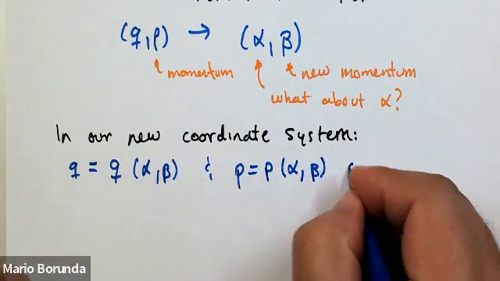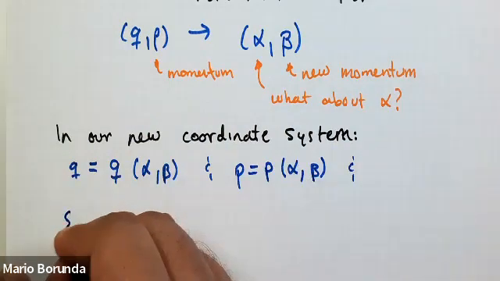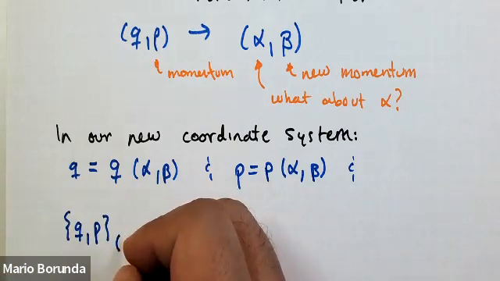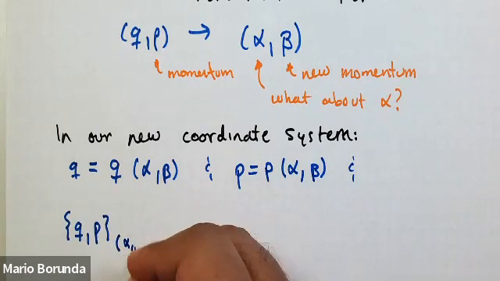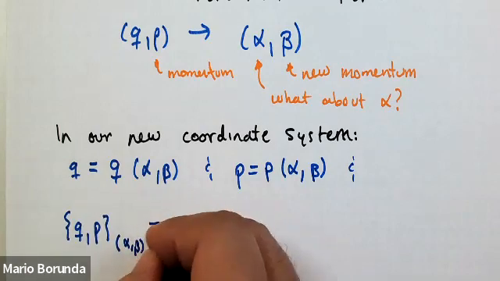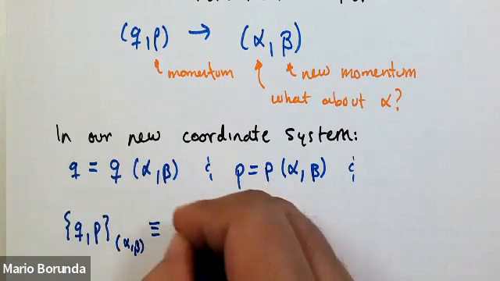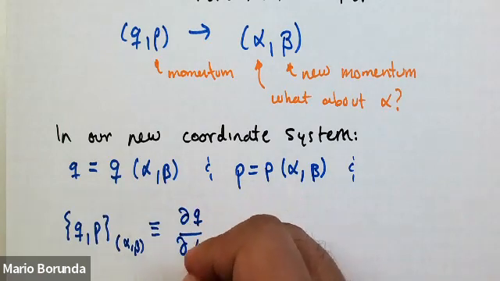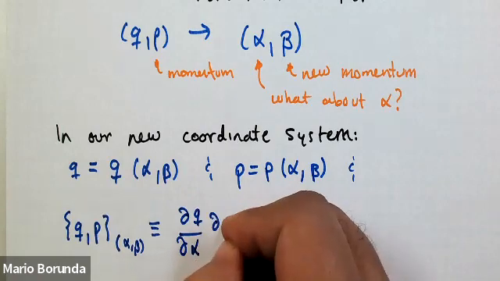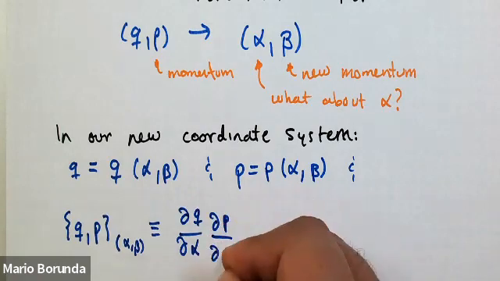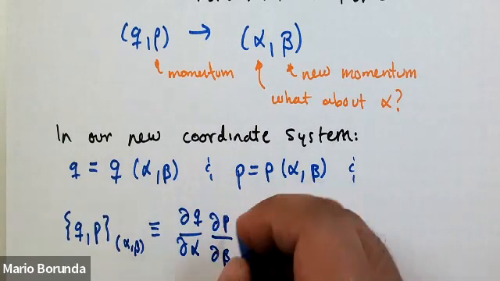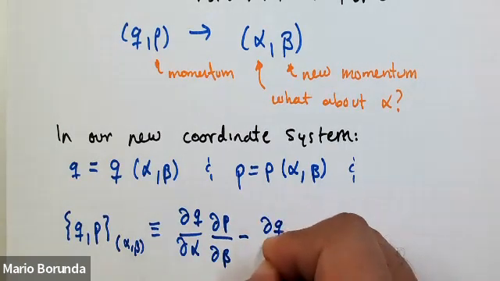And this is the big one. If we do the Poisson bracket of Q and P, and remember that they're in the alpha beta coordinate system, this is defined to be the derivative with respect to alpha of Q, times the derivative with respect to beta of P, minus the opposite of it.